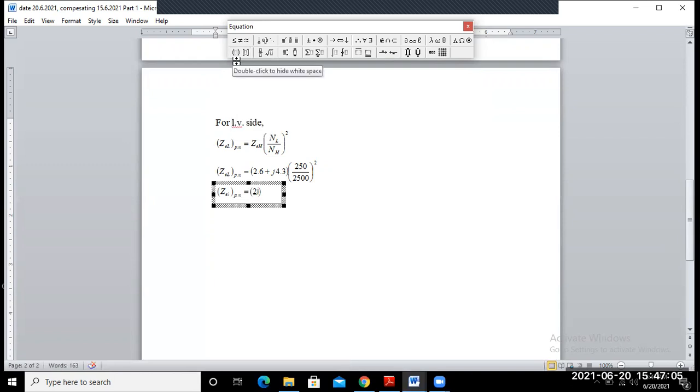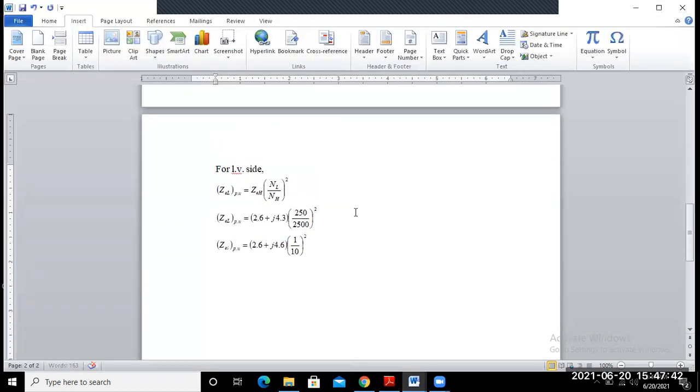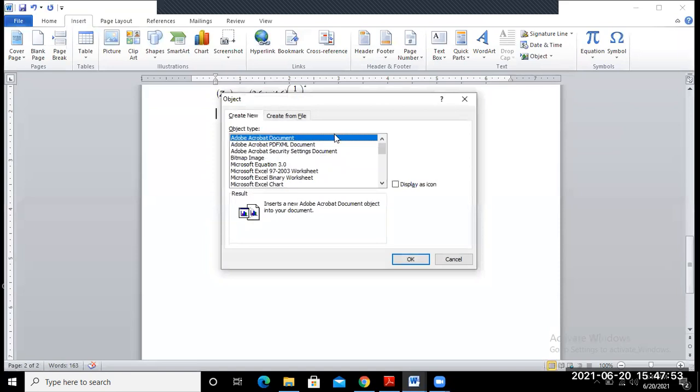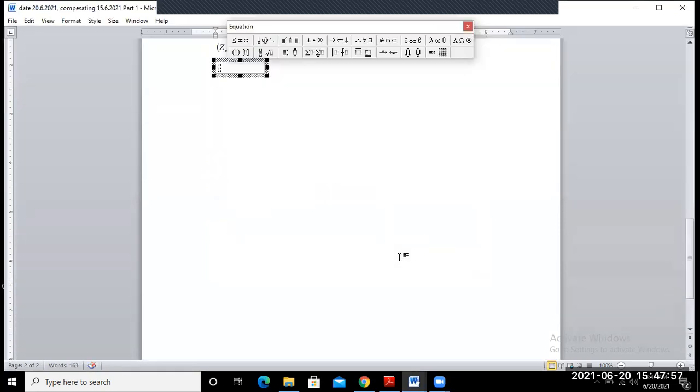Simplify this equation: 2.6 plus j 4.3 into (1 by 10) whole to the power 2. Just simplify this equation.